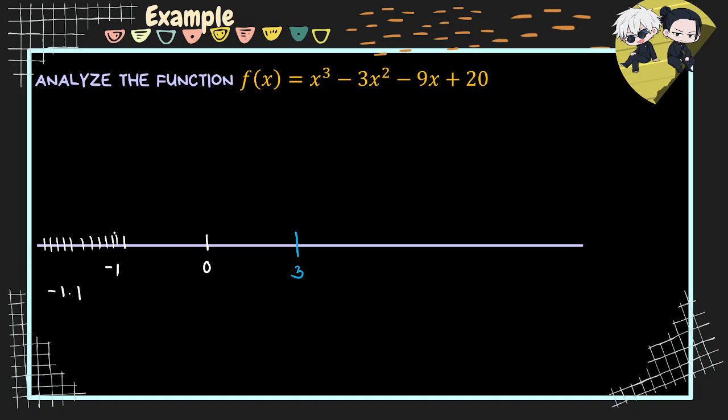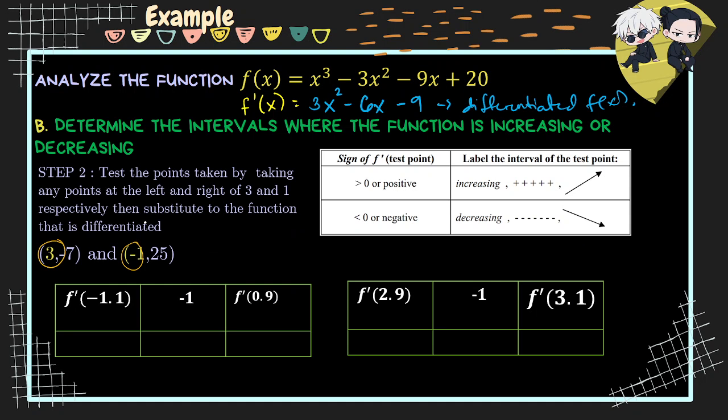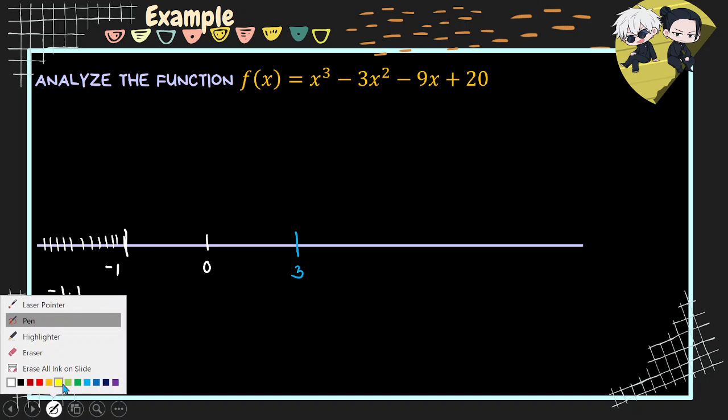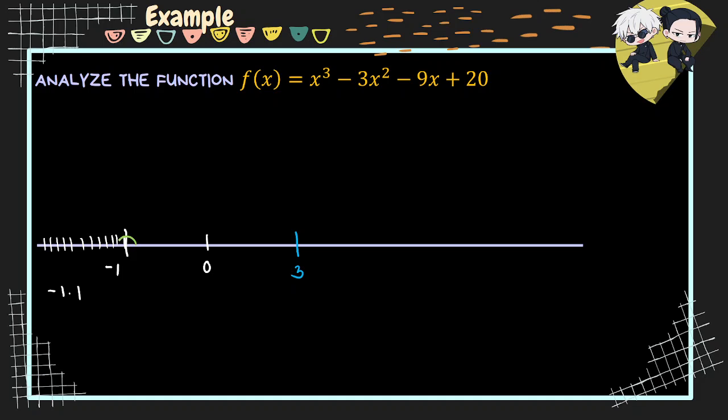Then, we are going to test this point. Kung increasing ba siya or decreasing. Titingnan natin kasi si -1, kung siya ba ay local maximum or minimum. Para malaman yun, kailangan nating i-test to. Interval na to. So, ibig sabihin, itetest natin si interval from -infinity to -1.